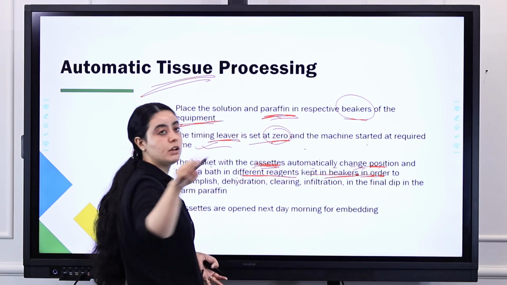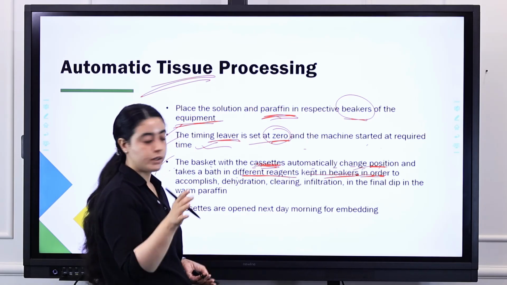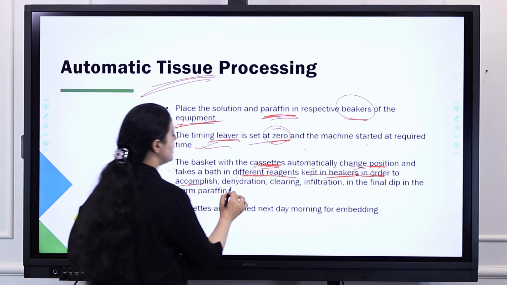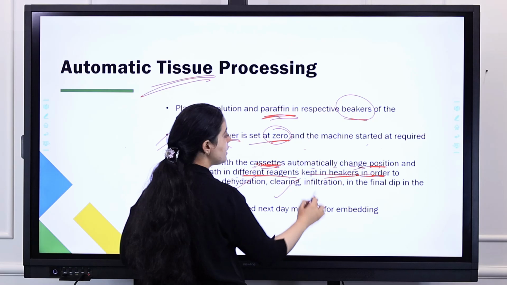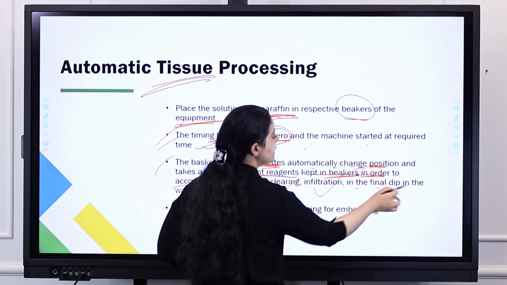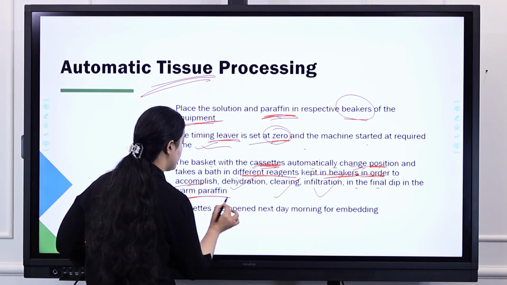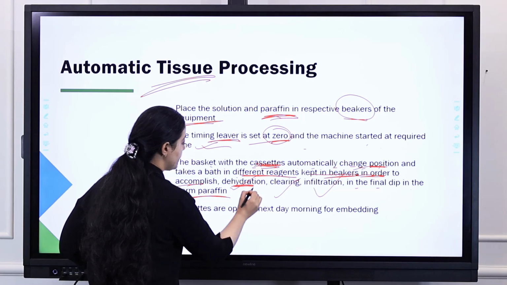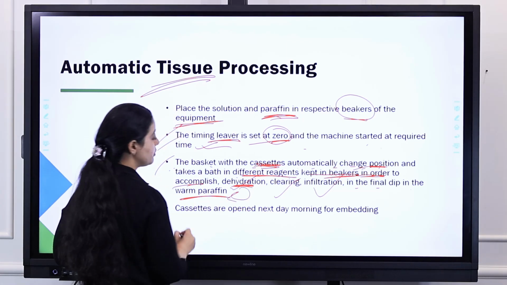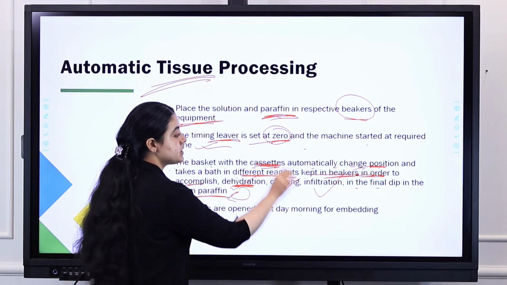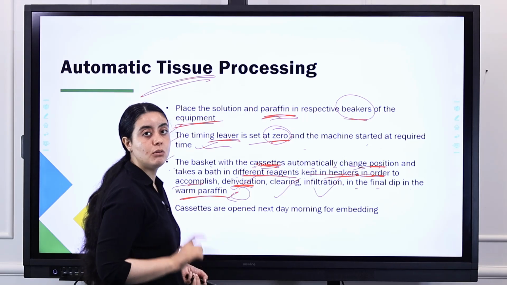Obviously you have to put all the solutions and reagents in order to accomplish dehydration, clearing, infiltration and the final dip in the warm paraffin. So from dehydration till the dip into the warm paraffin, all the procedures will be completed on their own, right?